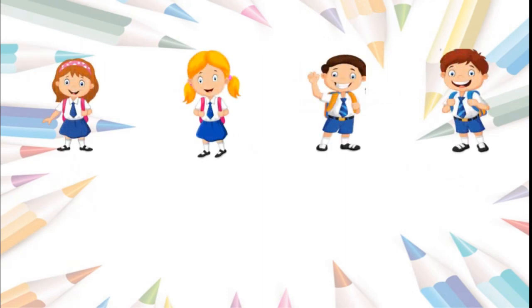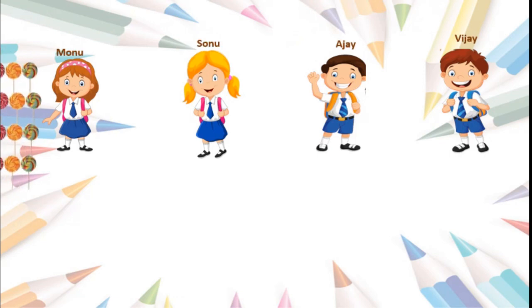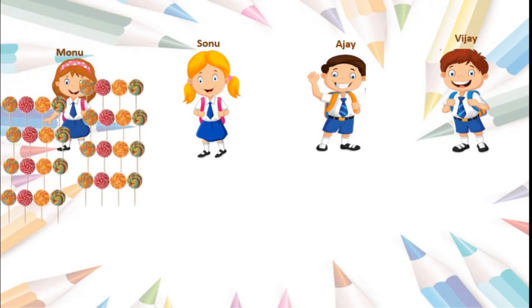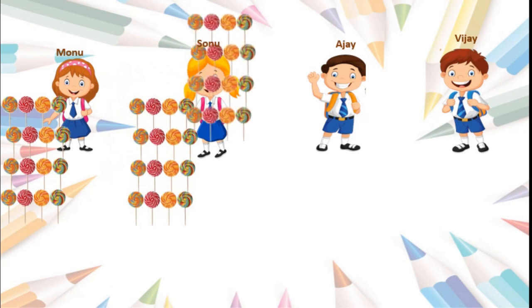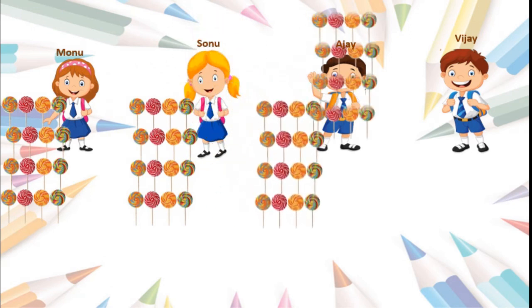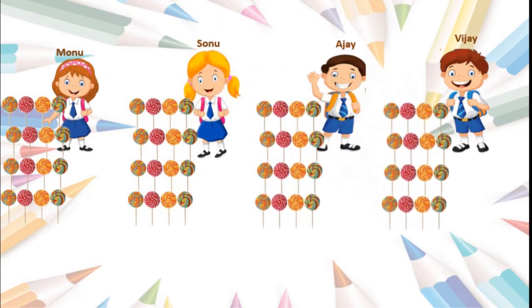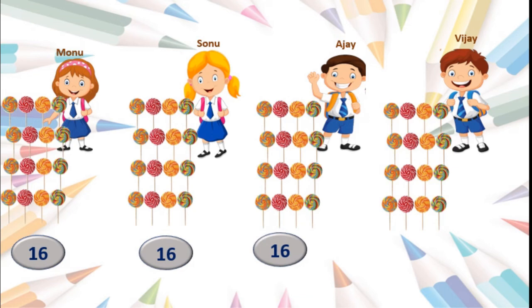Now the students Sonu, Monu, Ajay and Vijay got 16 lollipops. Right? See, Monu got 16 lollipops. Sonu also got 16. Ajay too got 16 lollipops. And Vijay also got 16 lollipops.